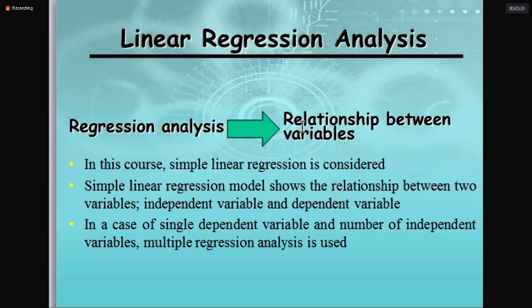So positive relationships are there, negative relationships are there. Also, there can be variables where there are no relationships between those variables at all. Those are the basic relationships that we can identify between variables.